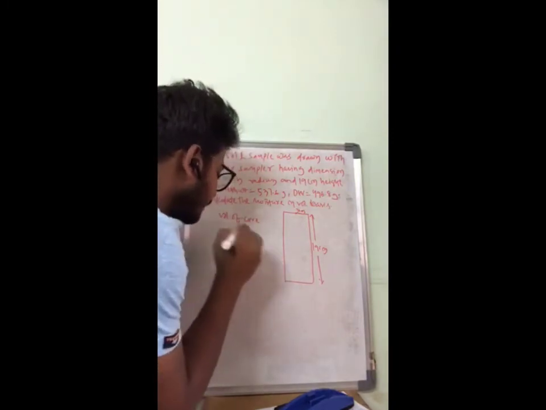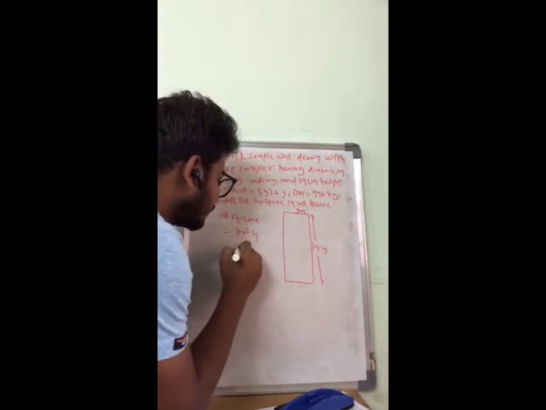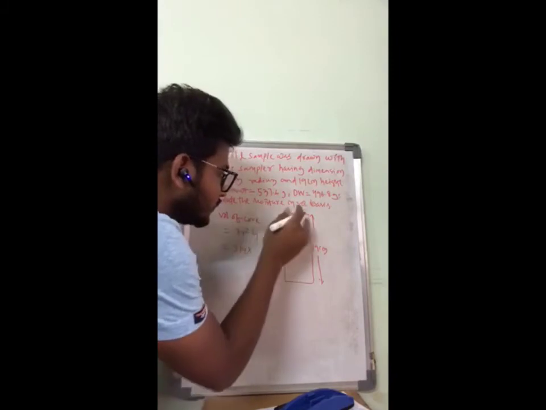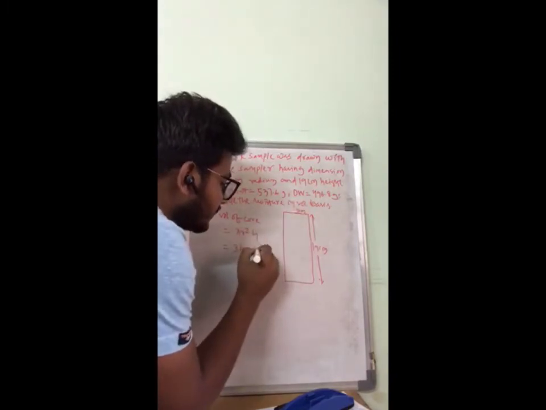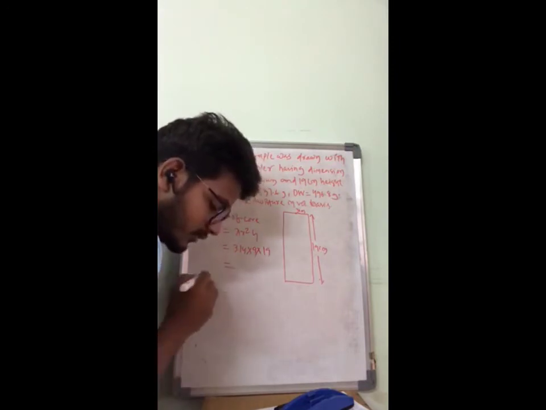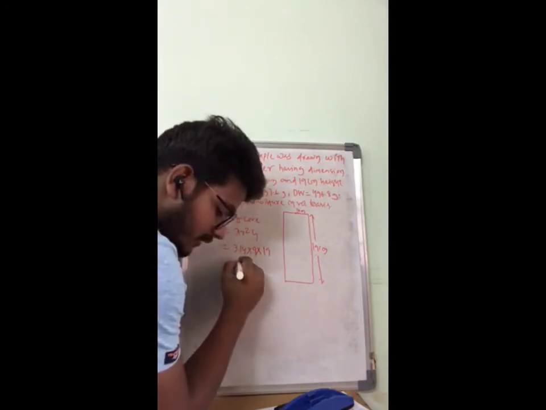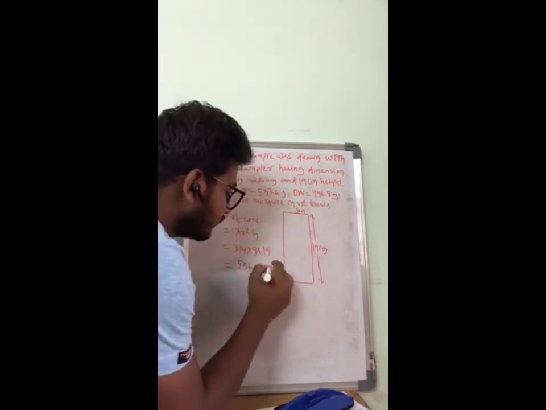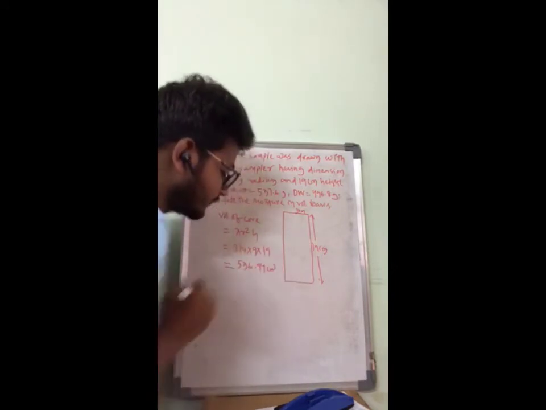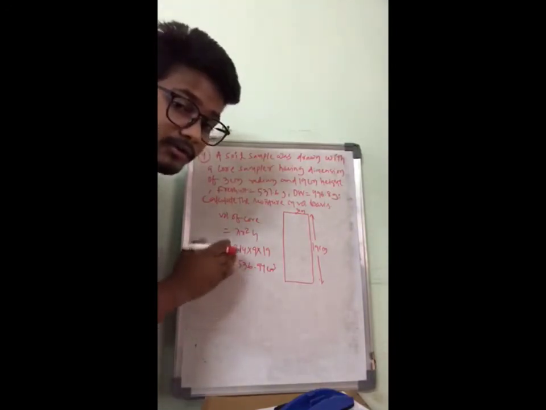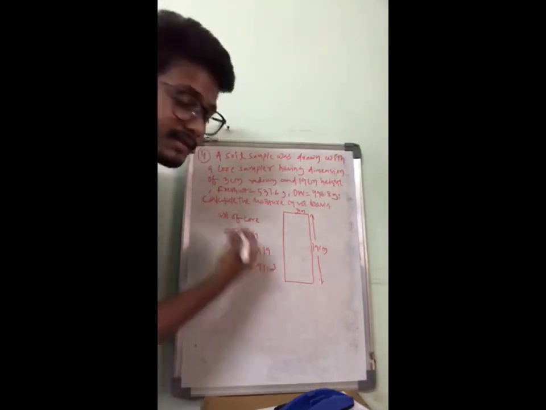Pi is 3.14 into r square, means 3 square is 9, into height 19 centimeter. So you will get the value of 536.94 centimeter cube.